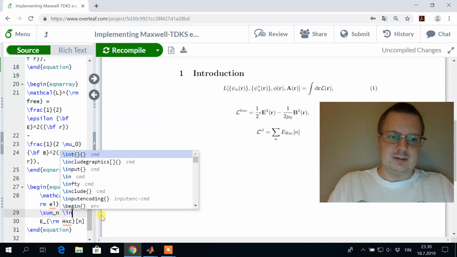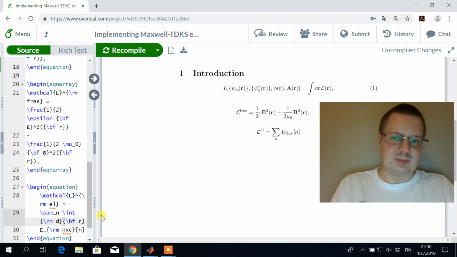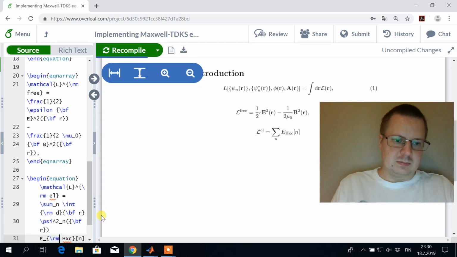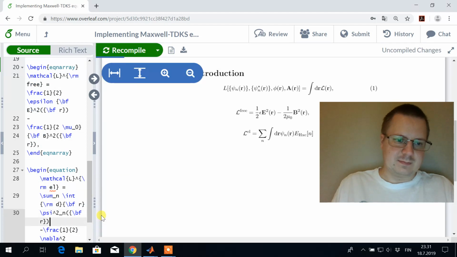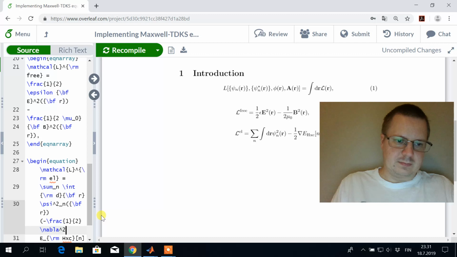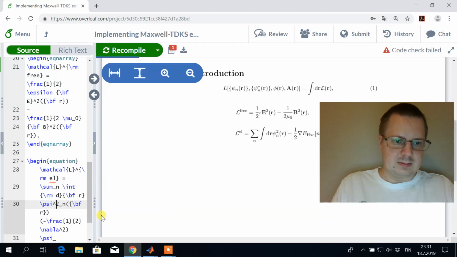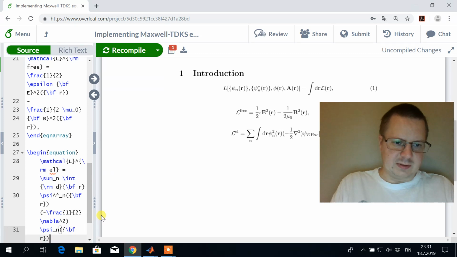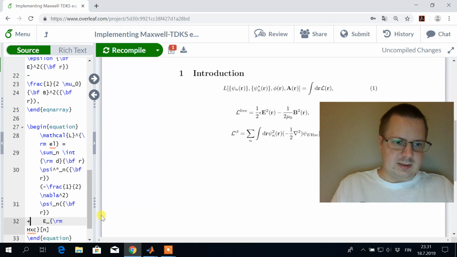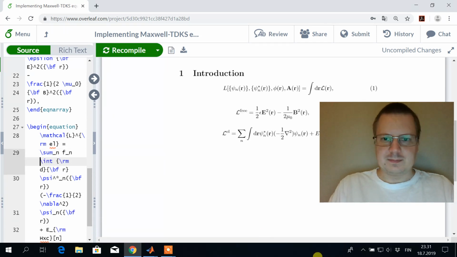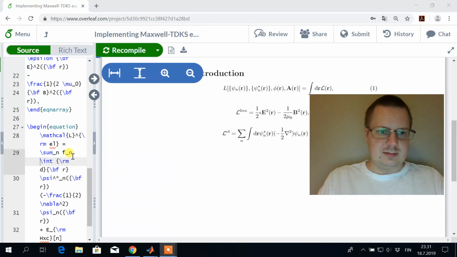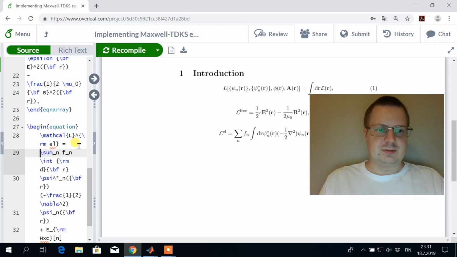Let's write it explicitly: psi n, then the kinetic energy operator minus 1/2 Laplacian, and psi n, d r, like so. And I guess we also have the occupation number here, and all of this corresponds to potential energy, so it will be minus.